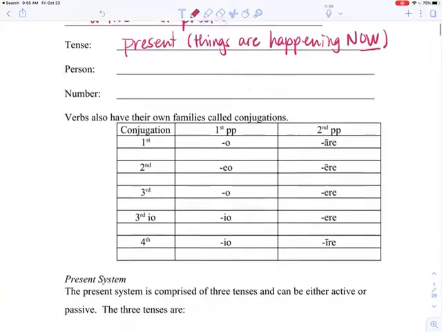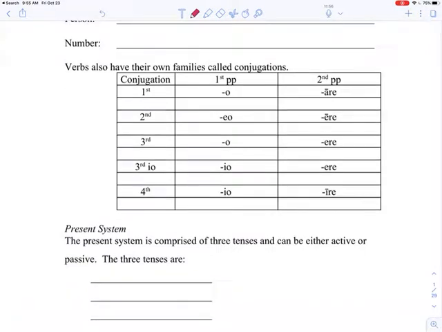Okay, real quick, let's review conjugation. Remember, we have verbs that belong to different families, kind of like we have declensions for nouns, but verbs are conjugations. And our first conjugation verbs will end in O in the first principal part and ARE in the second principal part. Okay, and we need these two principal parts to help tell our conjugation. Most verbs have four principal parts, but we need these two specifically for conjugation.